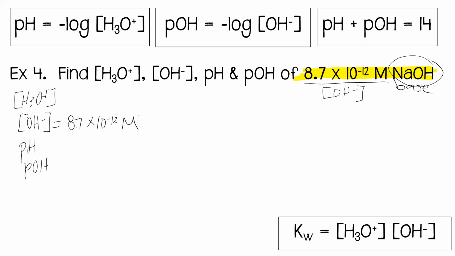Remember that the hydronium and hydroxide ion concentrations have a unit of capital M. pH and pOH do not have a unit. So the first step is to use this equation.